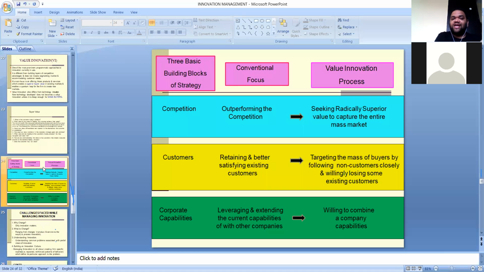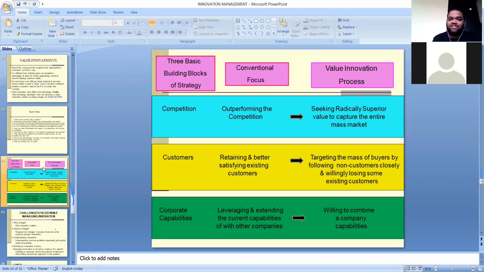So what is the corporate capability strategy here? We have to leverage and extend the current capabilities we have. If we observe the capabilities of another company, we can go for partnerships, or extend our alliances, meaning mutual understanding and mutual benefits, so we can make a union.